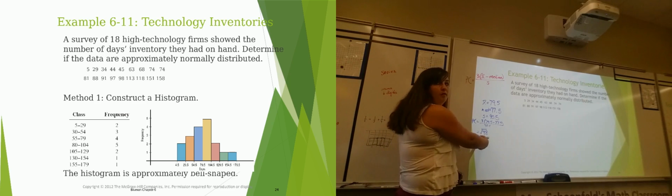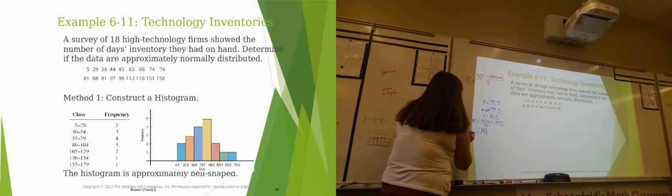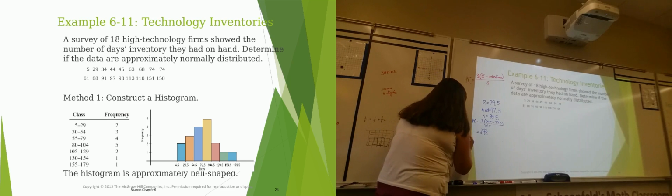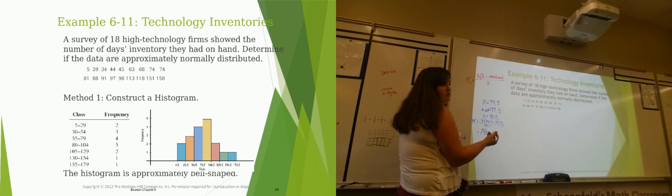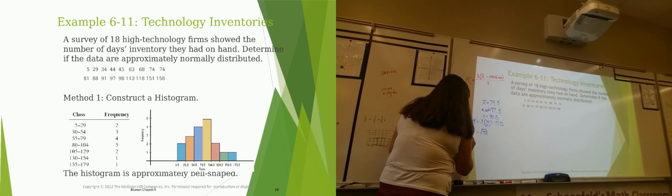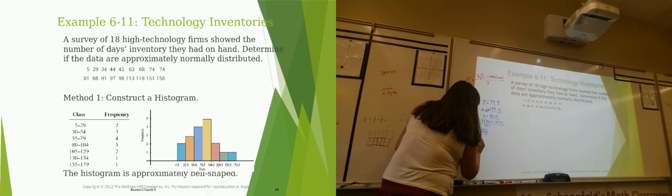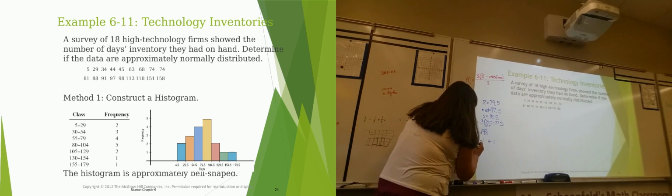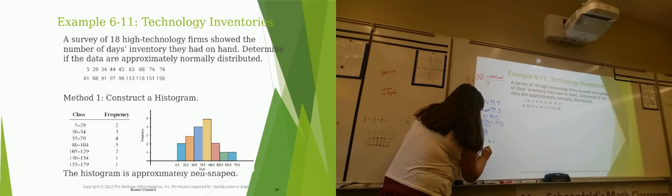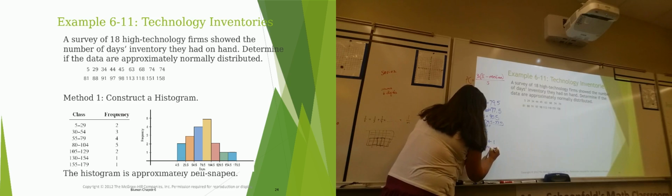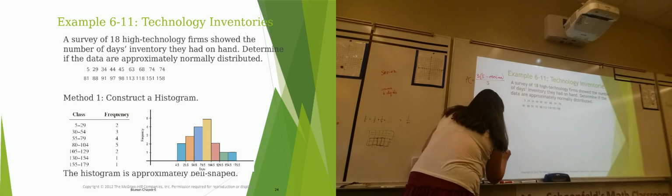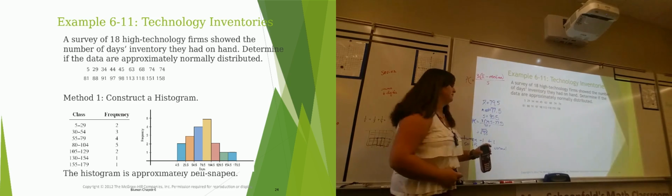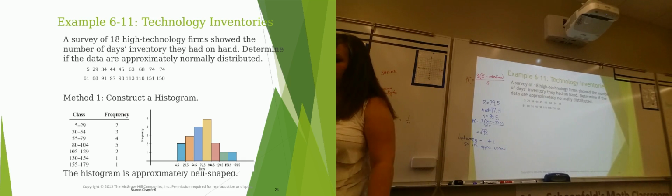Is this between -1 and 1? Yep. So as long as my Pearson coefficient is between -1 and 1, it's approximately normal. I would say if it's at 0, it's probably right at normal.